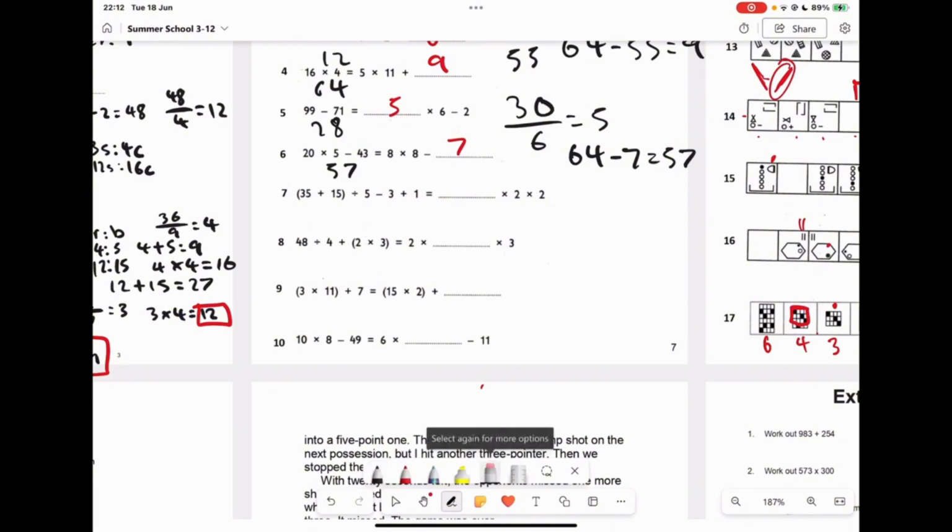So 35 plus 15 is 50. 15 divided by 5 is 10. 10 minus 3 plus 1. So we add, and that's 4. So it will be 6. So something times 2 times 2. If I haven't got this correct.